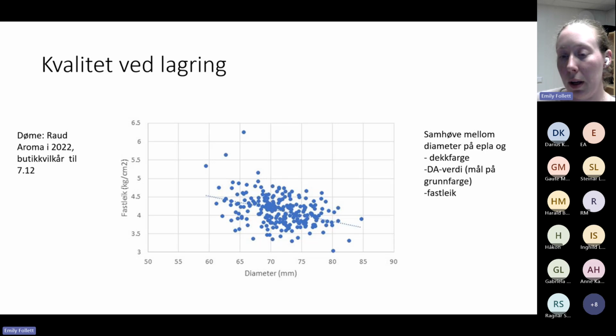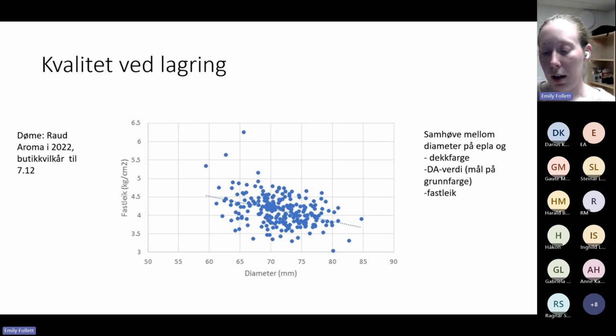And that's in part due to being more mature at harvest, but also because the larger fruit tended to be the low crop load fruit, and they had more variation.